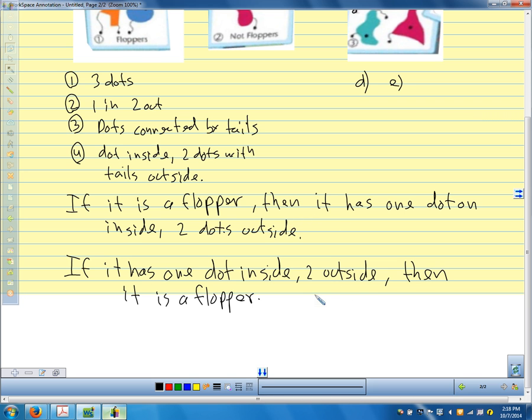Converse, true. So we can combine them into a biconditional statement. I'm going to say it is a flopper if and only if it has one dot inside and two outside.